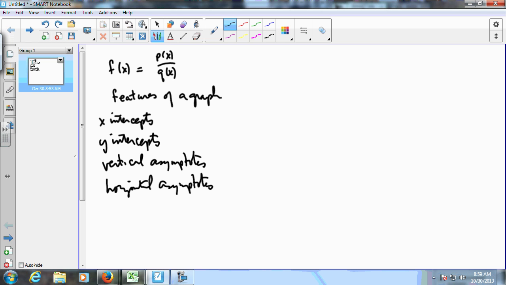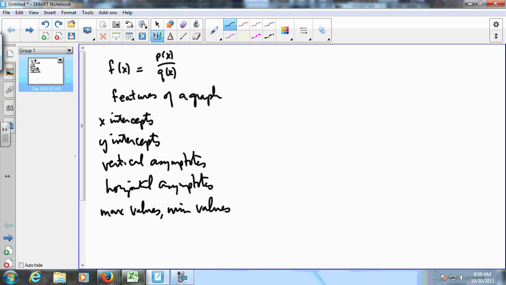What other things might you have? You might have maximum values or minimum values. Places where the function gets about as big as it can or about as small as it can over its whole domain or over a restricted domain.